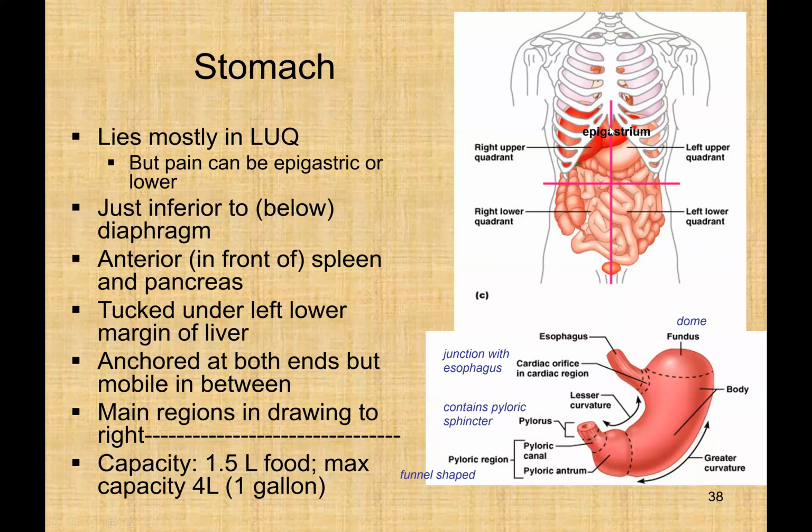That means it can give pain to the liver, to the back, and to the intestines in case the stomach is in trouble. You can see this is the diaphragm over there. The diaphragm is here, and it's a bit superior to the stomach.